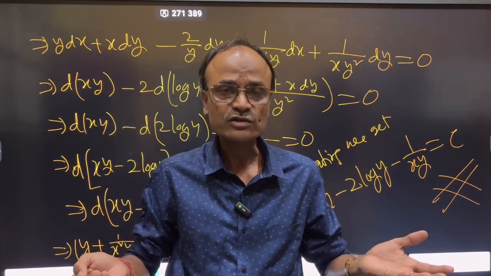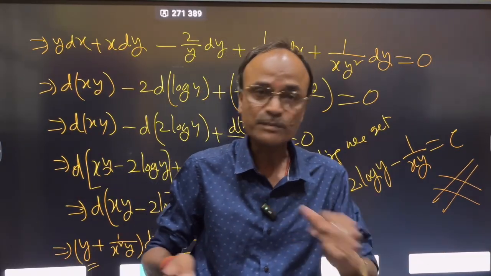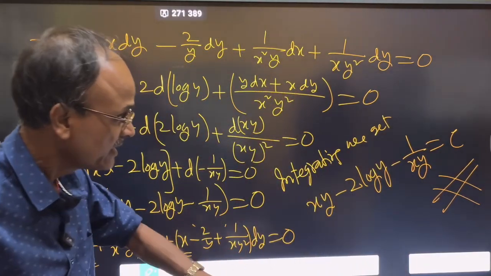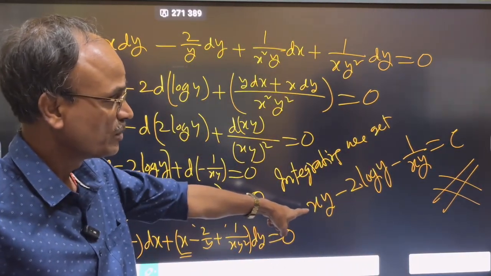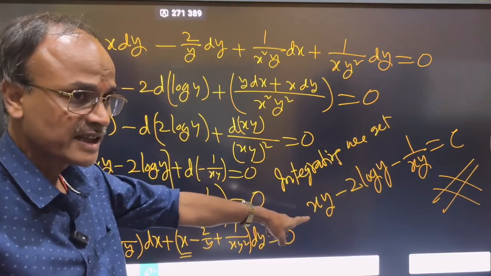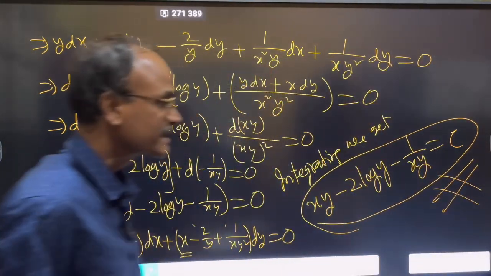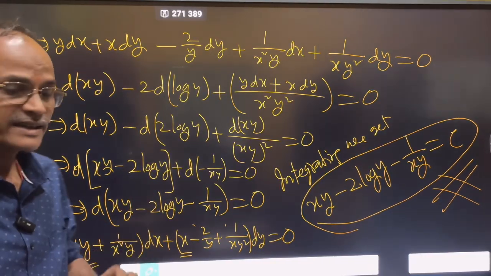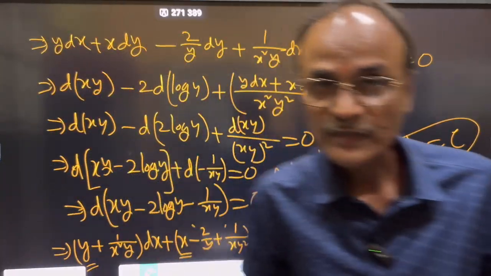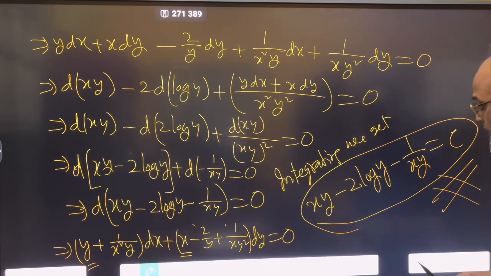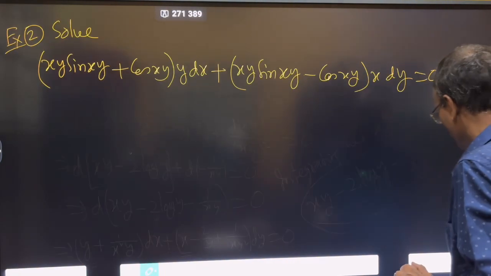In that method also, the solution of the differential equation will be xy minus twice log y minus 1 by xy. Now let us try to solve this problem.